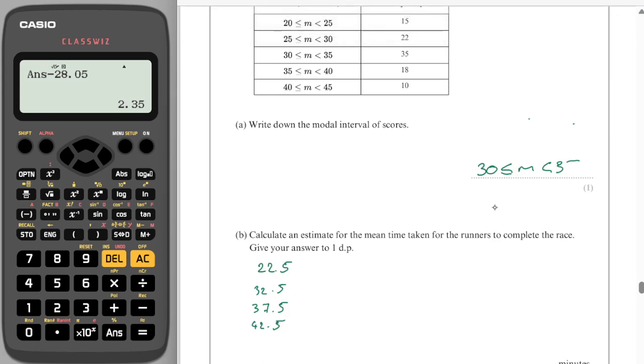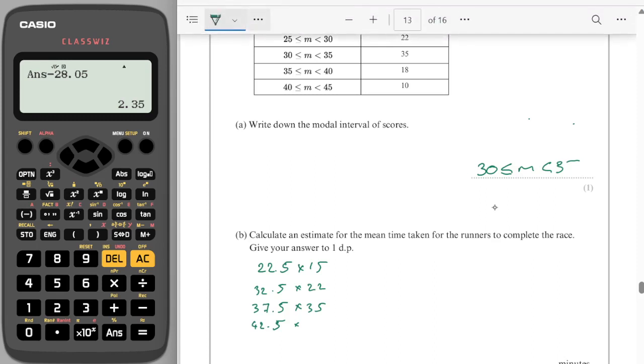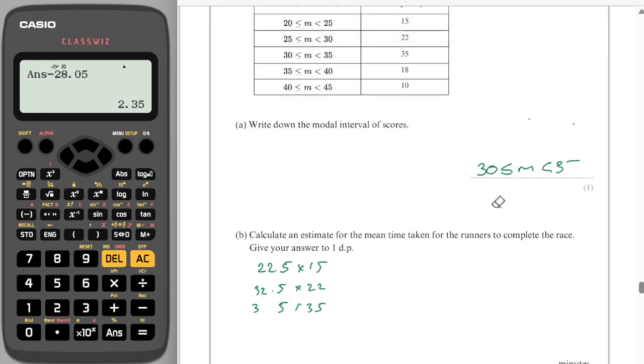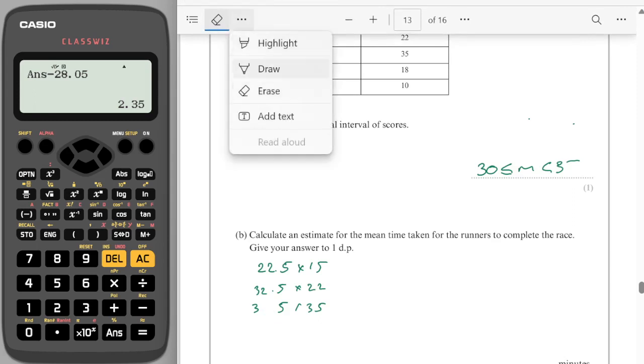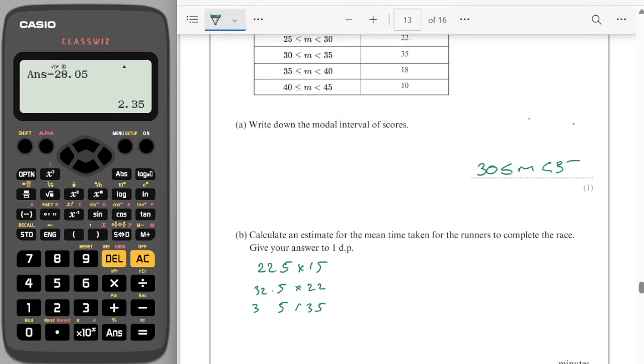So times by 15, times by 22, times by 35, times by 18, and I've made a mistake somewhere. Lots of mistakes today.